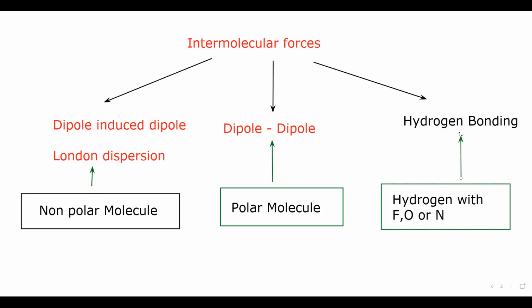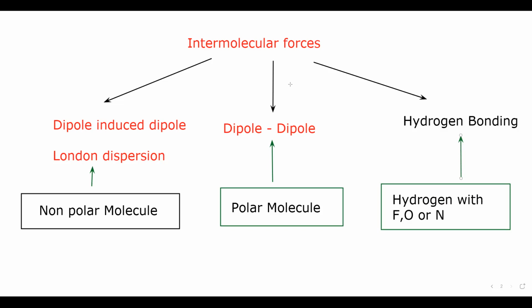So the first criterion to identify the intermolecular force, or the force between the molecules, is to check the nature of the molecule. If the molecules have non-polar nature, then the effective force will be dipole-induced dipole.